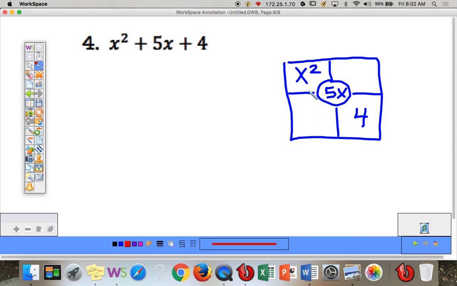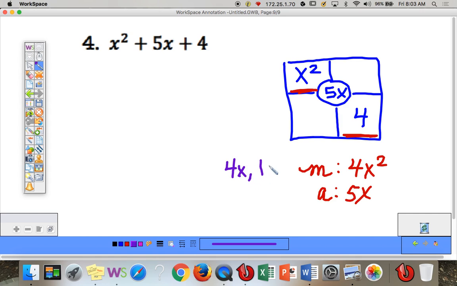We're going to multiply our first box and our last box. What multiplies to 4x squared that adds to 5x? Well, that would be 4x and 1x. 2 and 2 wouldn't work, but 4 and 1 do. So in either order, we'll put our 4x and our 1x.